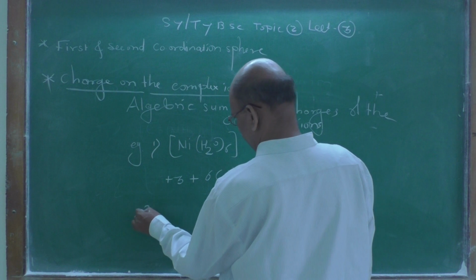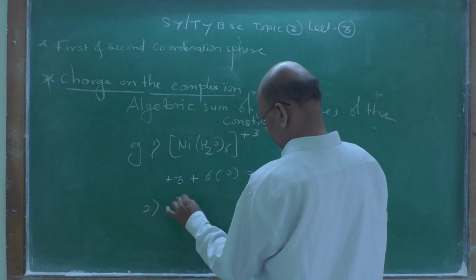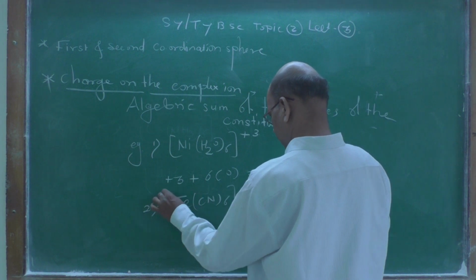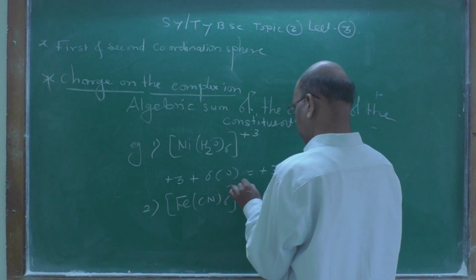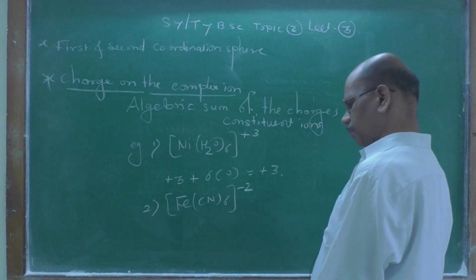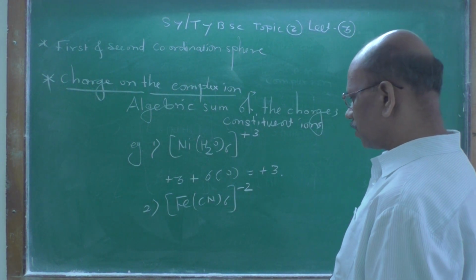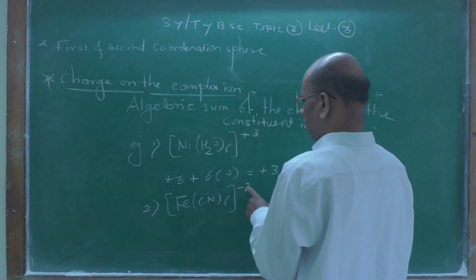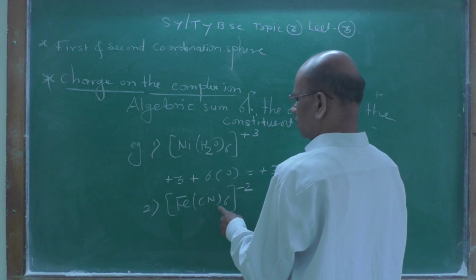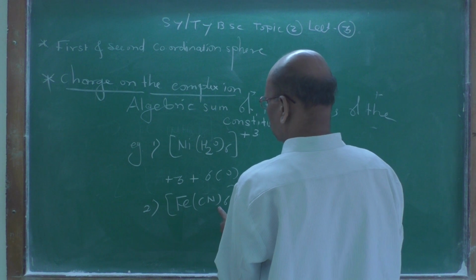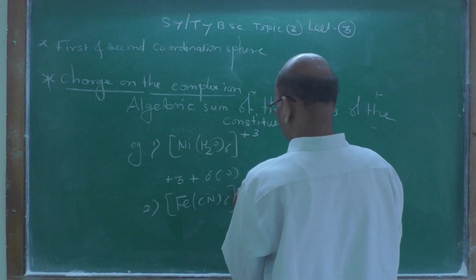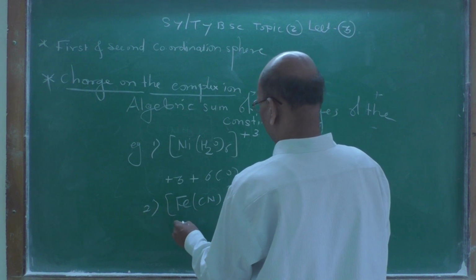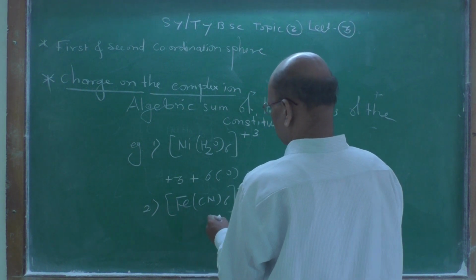Second example I consider, suppose [Fe(CN)6], it is minus 2. If we calculate the charge on Fe, we have to find it out.